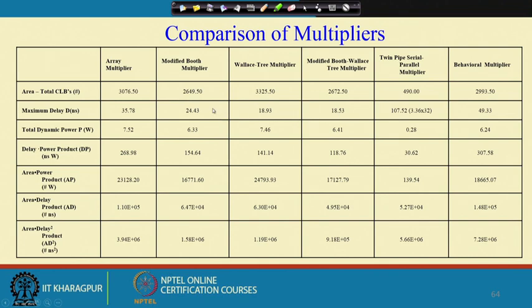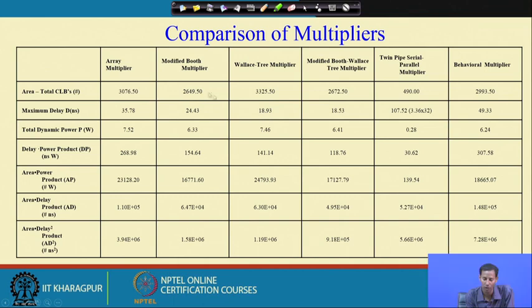In the Booth multiplier the area requirement is lesser, while in the Wallace tree the addition operation is faster, so the delay is reduced compared to Booth. While hybridizing these two architectures, I get the benefit of area as well as delay, which I get in the hybrid multiplier, Booth plus Wallace tree. 2672 is just a minimal increase from 2649, and 18.93 versus 18.53 is a minimal increase in delay too.